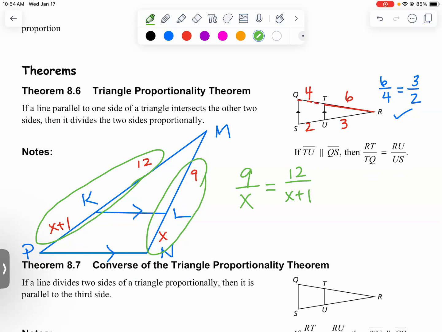Now, I know that you guys are still a little bit uncomfortable with proportions. I don't know why that is. But when we set up a proportion, we're going to cross multiply. So we take 12 times x, which gives us 12x.